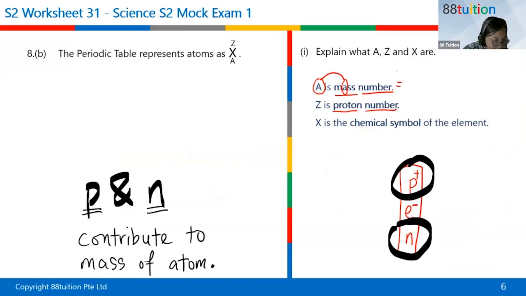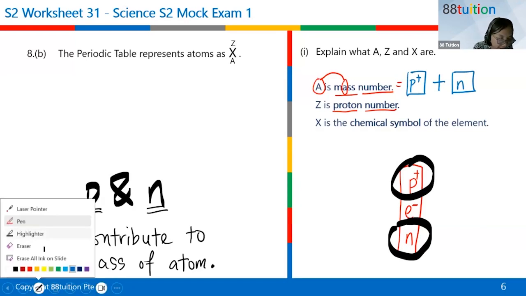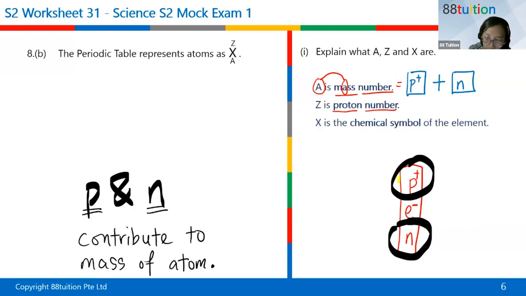Therefore, the mass number is actually protons plus neutrons. If you find it difficult to remember, just remember the first letter and the last letter of PEN. How many protons you have, how many neutrons you have, add them together, that will give you the mass number. Mass number means how heavy the atom is. Is it a very heavy atom or a light atom? It depends on how many protons and neutrons you have.